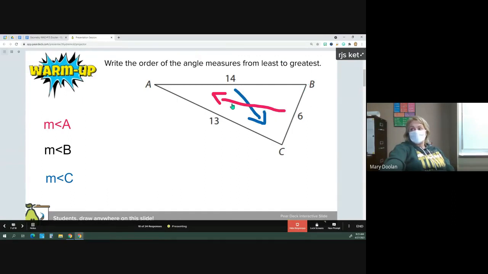So going straight across and looking to see what's opposite is angle A. So the measure of angle A is the least. The greatest angle measure will be across from the greatest side, and my greatest side here is 14. So across from that is angle C. So the greatest angle measure is angle C. And then B is the one I didn't use, so it's right there in the middle. Okay.